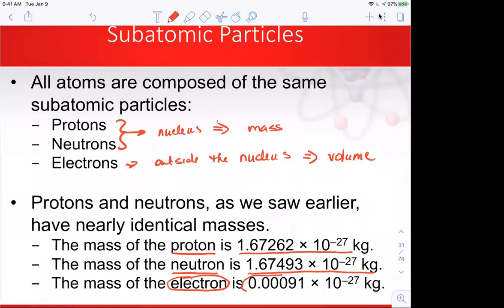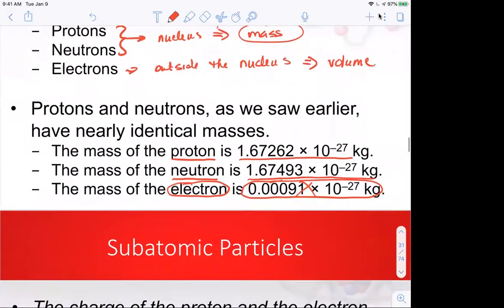Our electron is orders of magnitude lower in terms of the mass. Compared to the mass of the proton and the neutron, the mass of the electron is actually negligible, which is why we can say that the mass of the nucleus is actually responsible for the mass of the entire atom.